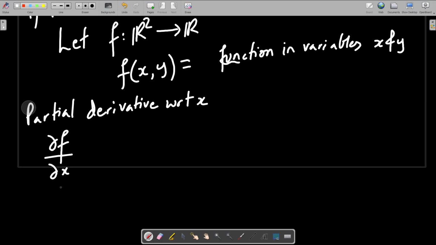It's not your regular d, this is a dou. You use d for the regular derivative which you studied. Here we are using a Greek alphabet, that's called dou, pronounced d-o-w. It's written with a little curve, it looks like d but it's not d.